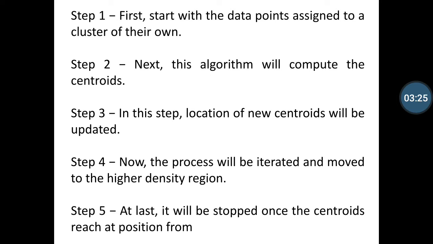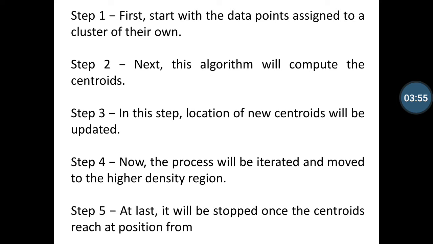The third step is that the location of the new centroid will be updated. The new centroids will be made, and we can also update the data points through the mean shift algorithm. The fourth step is that the process will be iterated and moved to a higher density region.